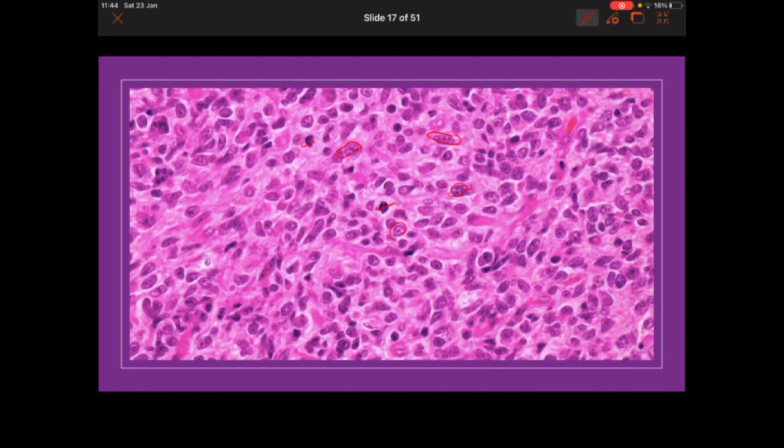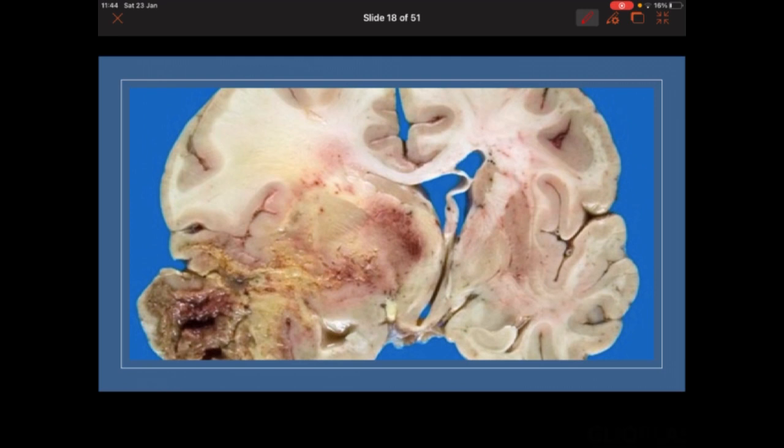And when we see cells which are very pleomorphic, very atypical with brisk mitosis, we need to find if there is any evidence of necrosis or microvascular endothelial proliferation. This is important because we want to differentiate the tumor from the glioblastoma.